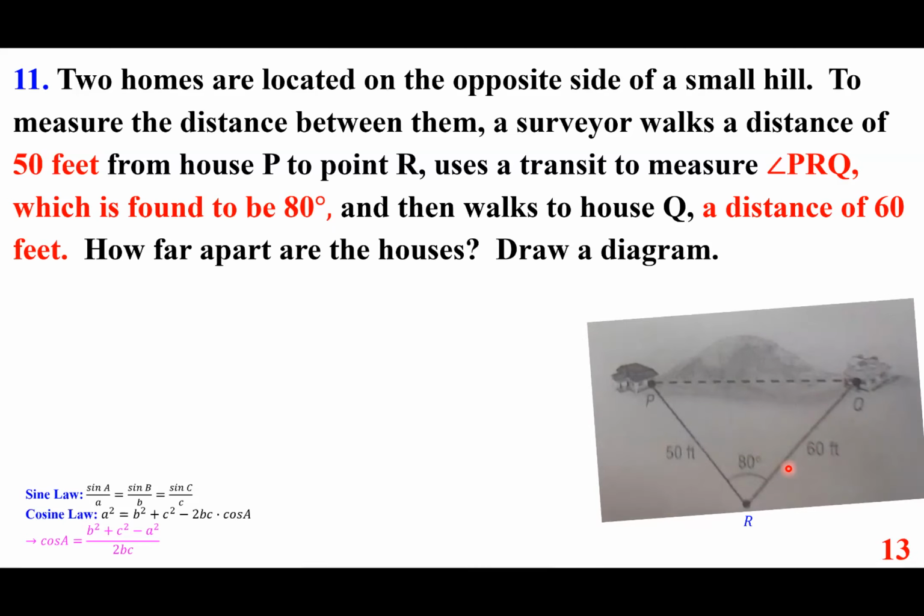And so this is what we have in essence: 50 feet, 60 feet, R, and this angle is 80. So again, we have the two locations, two houses, whatever.